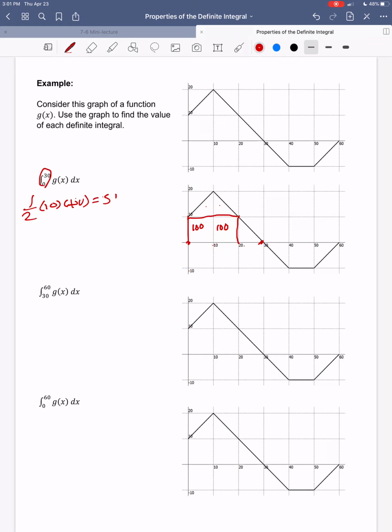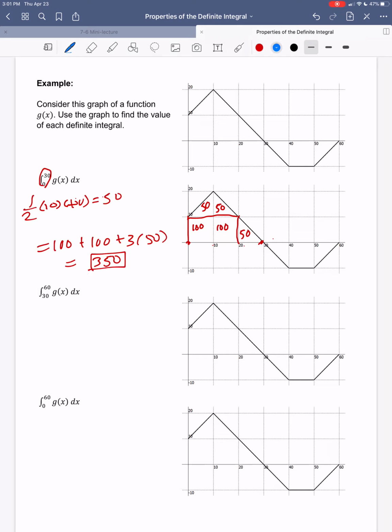But that's just going to be 50. And of course it's like, well, duh, it's half the square. So this is 50, this is 50, this is 50. So this total area then from 0 to 30 would be 100 plus 100 plus 3 times 50, 100, 200, 350. So that would be the integral from 0 to 30.